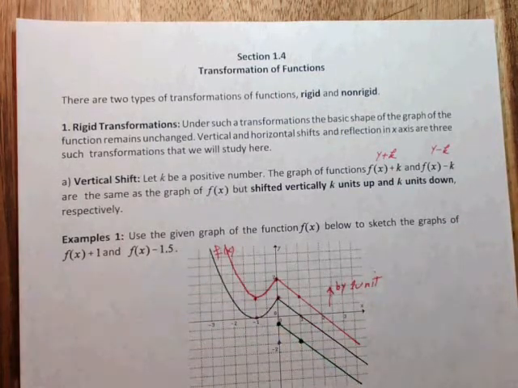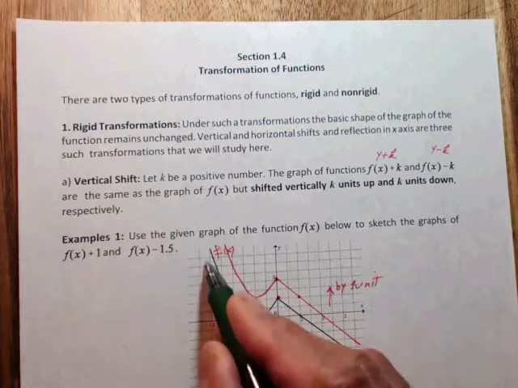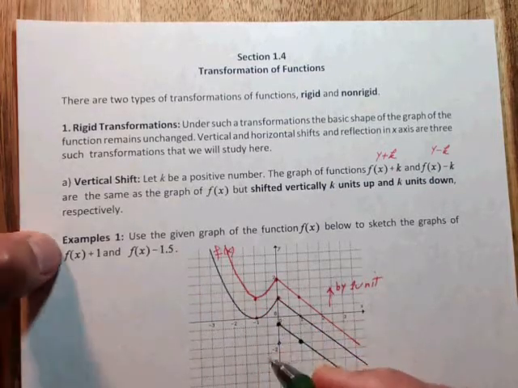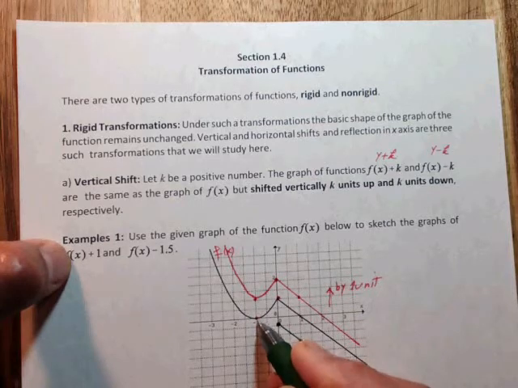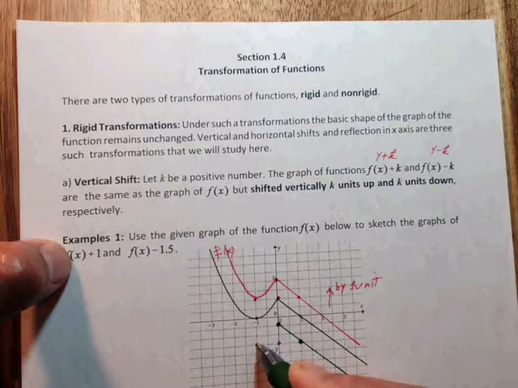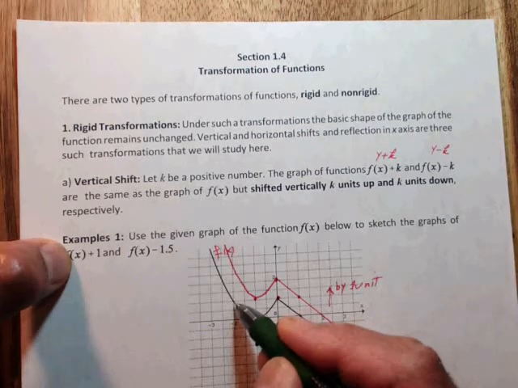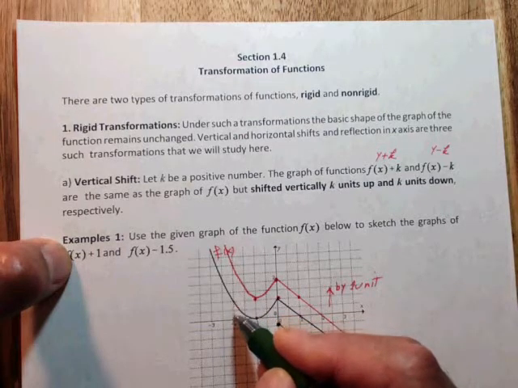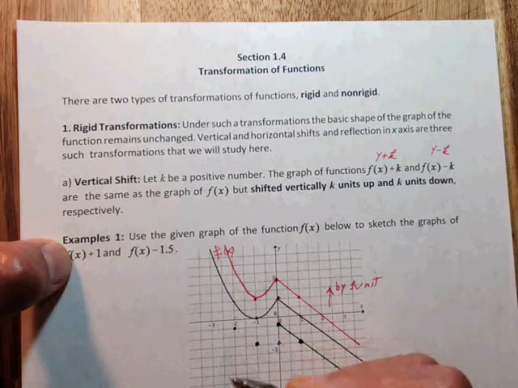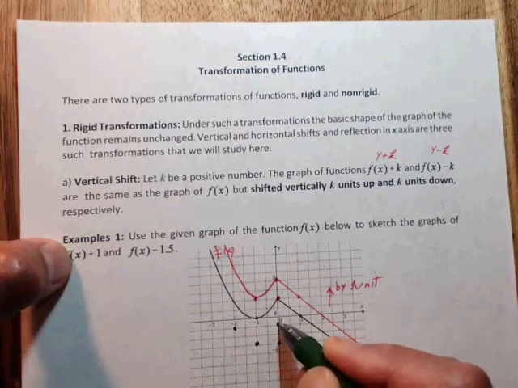And this curvy part, I don't want to call it a name yet, but this point goes 1.5 right there. And this point also goes 1.5 right there. So actually it becomes this.